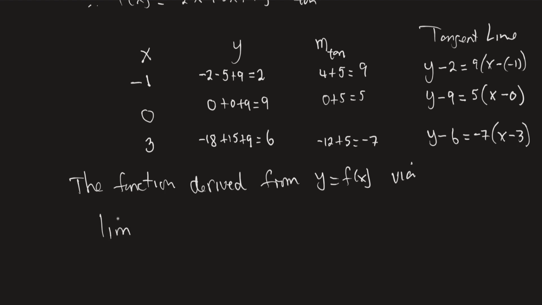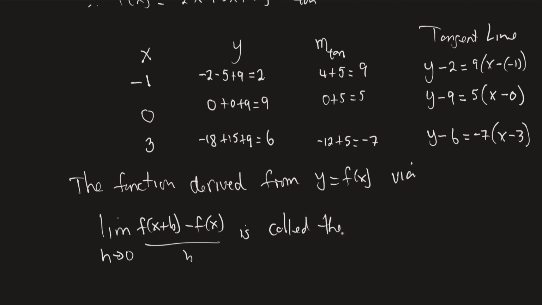Let me write down that limit, our most recent one. So this function that we derive from our original function using this limit is called the derivative of y equals f of x.